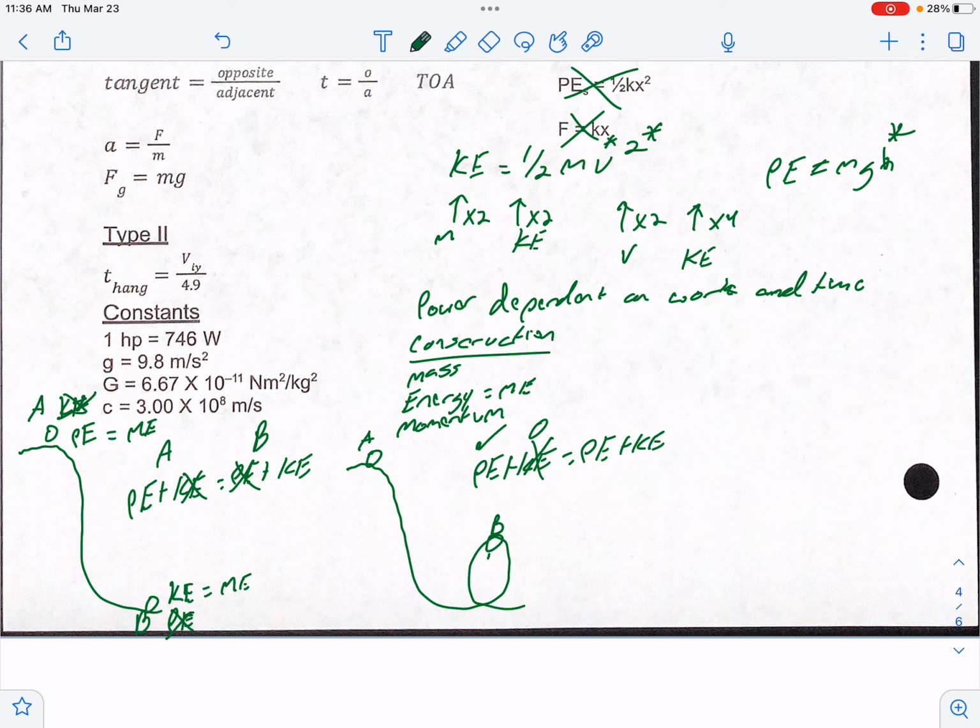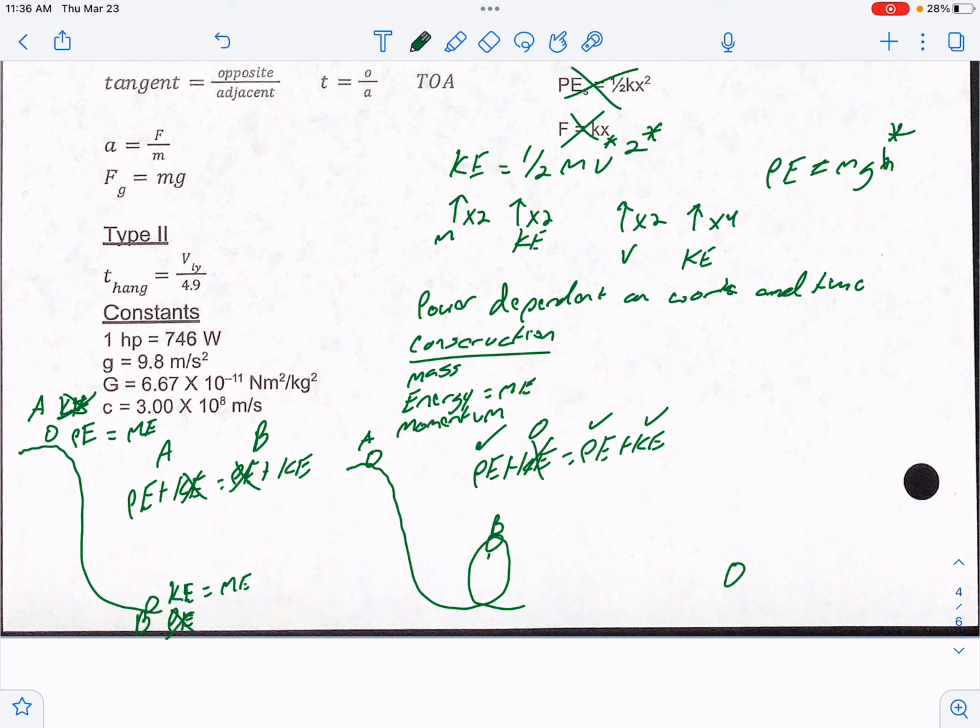That becomes 0. Now at point B, I actually do have height. I'm not on the ground, so I cannot mark off potential energy there. And when you're in that loop, you're not still, because if you were, you would just stop, or fall, or be stuck. So you actually do have kinetic energy there, so I only got to mark off 1 thing. Just don't assume that you can always mark off 2 things.